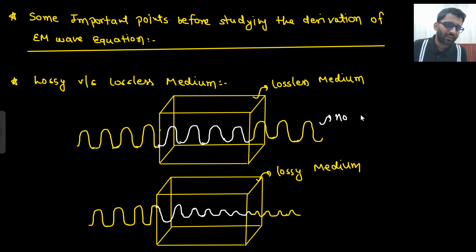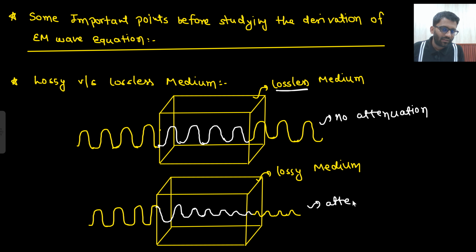Attenuation means the amplitude was the same as before. Whatever the amplitude E naught, always it is E naught. So no attenuation, that means lossless medium. There is no loss. And lossy medium means yes, there is attenuation. Very simple. Wave was coming, there was no loss, so no attenuation, so lossless medium.